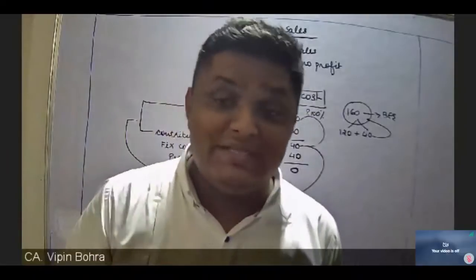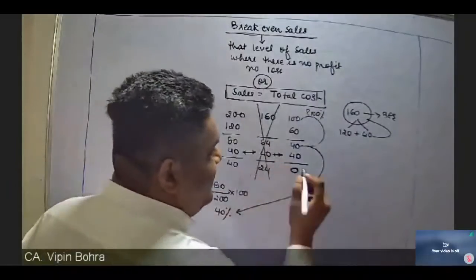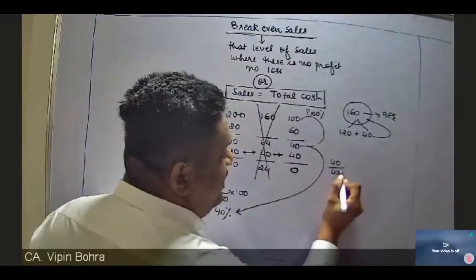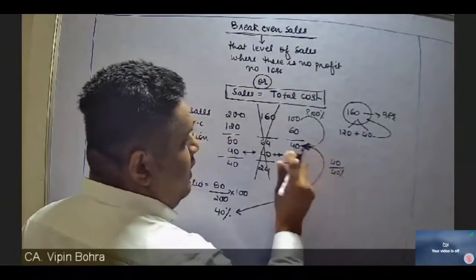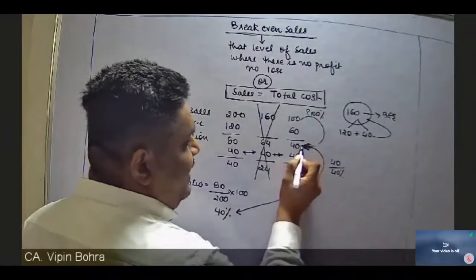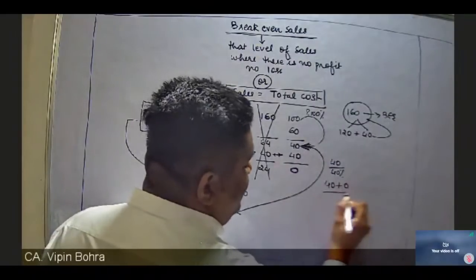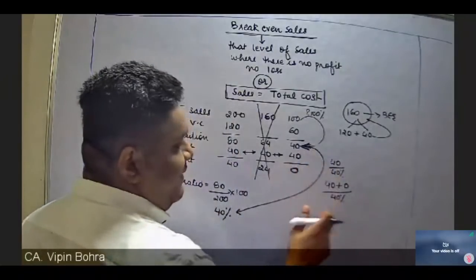Now there is a formula given in the book. What actually I have done is this 40 divided by 40%. Now how did we derive this 40? 40 plus 0 divided by 40%.